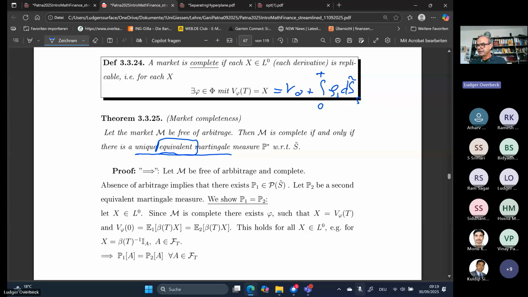Okay, market completeness. We assume you have one martingale measure, and then the market M is complete if and only if there's a unique equivalent martingale measure. Of course, you can also ask for completeness in what is sometimes called robust finance.